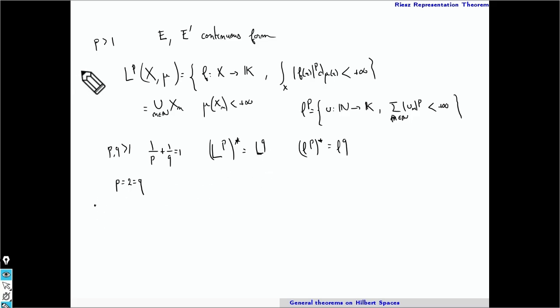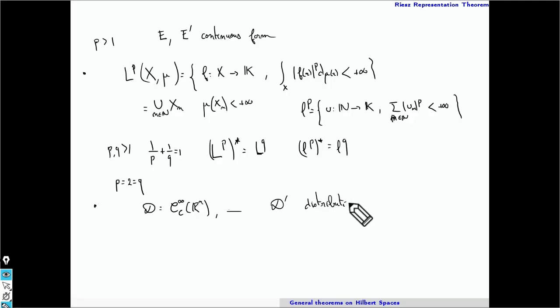So let me give two more examples. Again, another one where the dual is very different. If we consider the space of smooth functions with compact support with a certain topology, then the dual is known as the space of distributions, and they are very different.